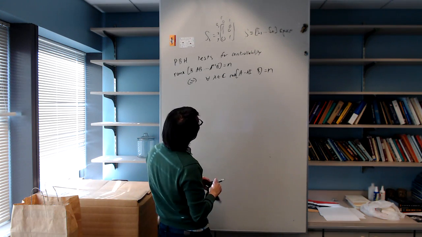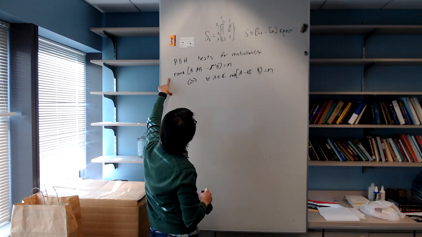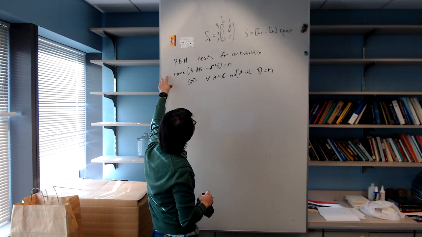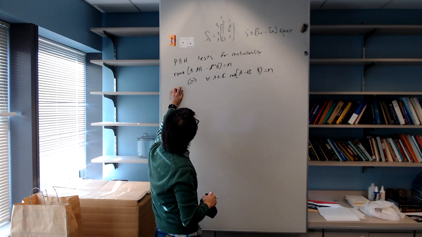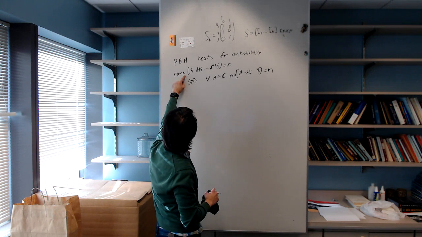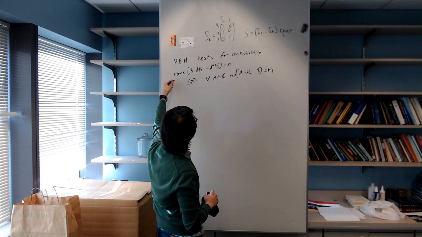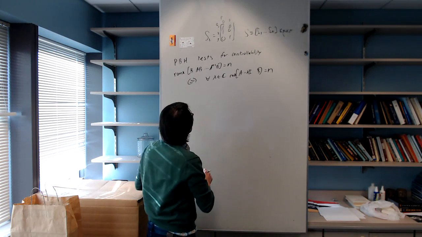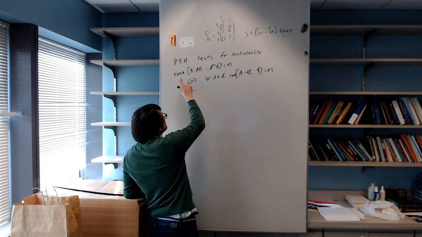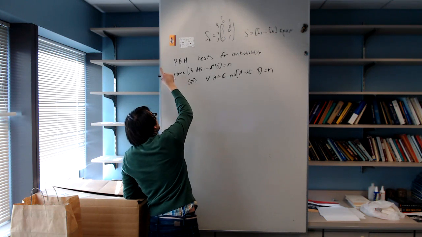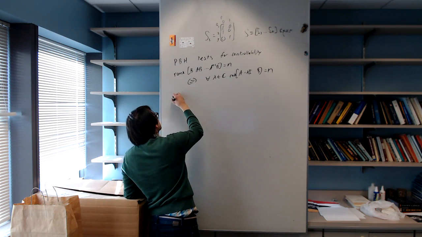The way we're going to do this is contrapositive on both sides. Say that this isn't full rank, then we'll show that that thing is not full rank. So in the one direction, we're going to say this is not full rank, then we'll show that that's not full rank.